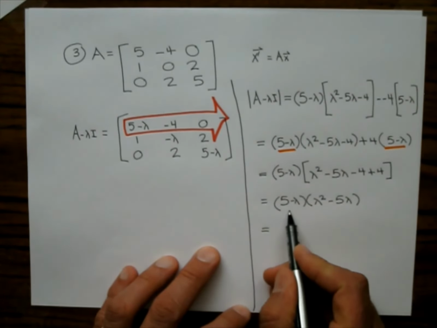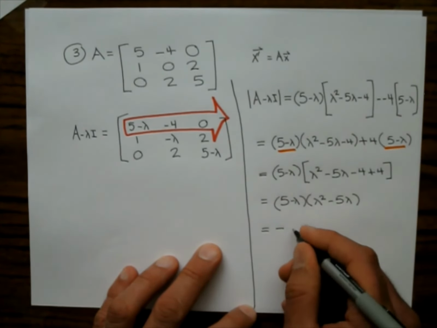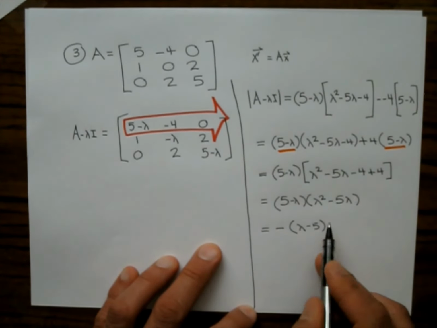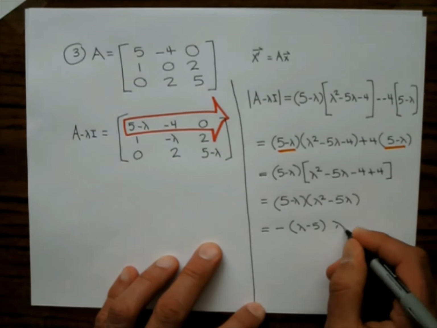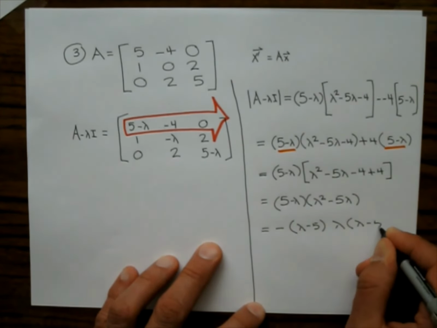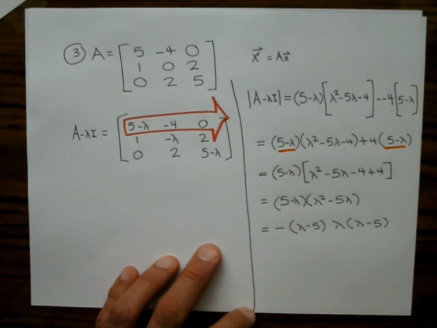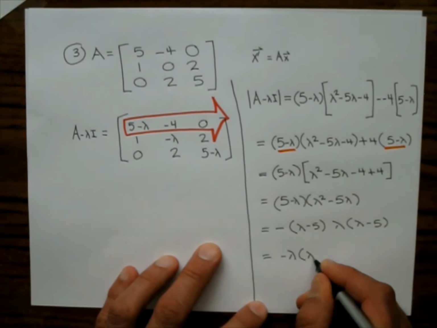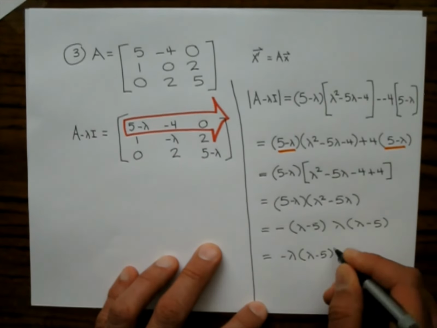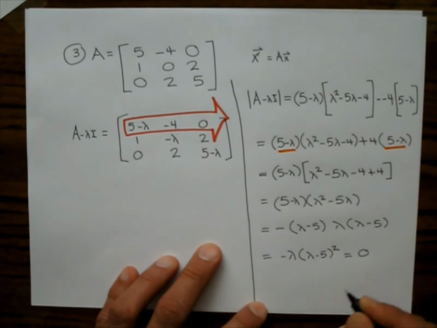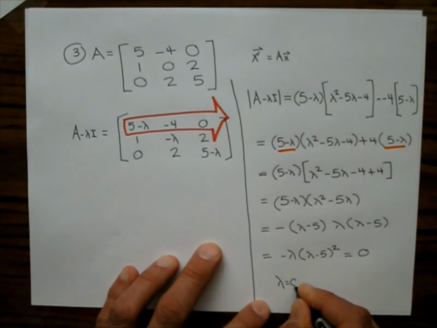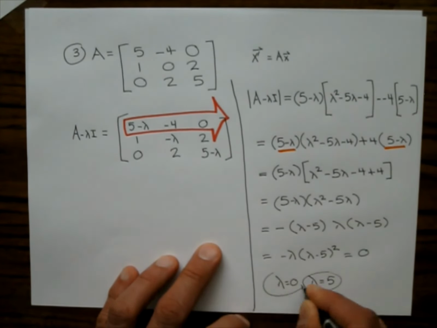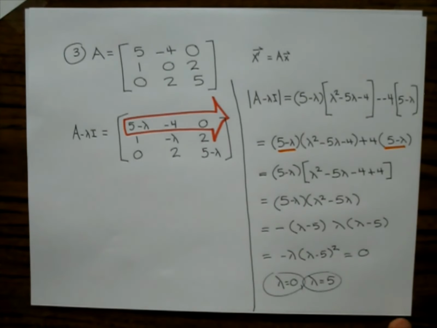So I'm going to factor a negative out of that first one, so this is negative lambda minus 5, and then over here I'm going to factor a lambda out, lambda minus 5, and so this gives me negative lambda, rearranging things, and then we have lambda minus 5, quantity squared. I'm setting that equal to 0. I get lambda equals 0, and lambda equals 5. Those are my 2 lambda values.